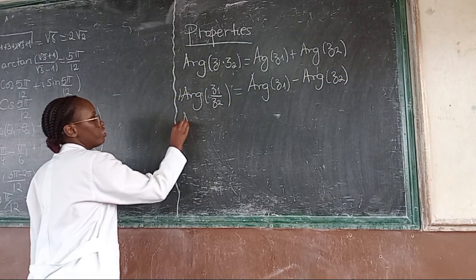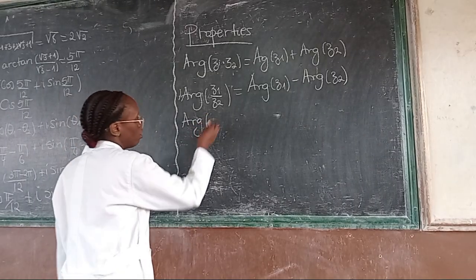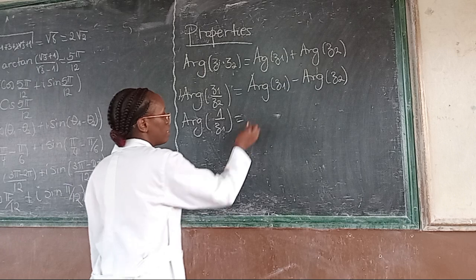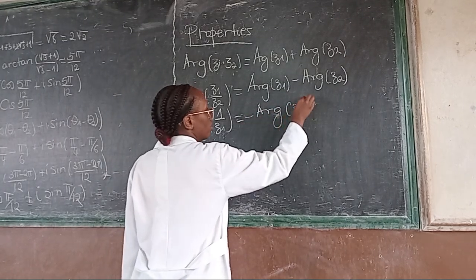Also, we may have the argument of 1 over z1. This is the same as the negative argument of that complex number.